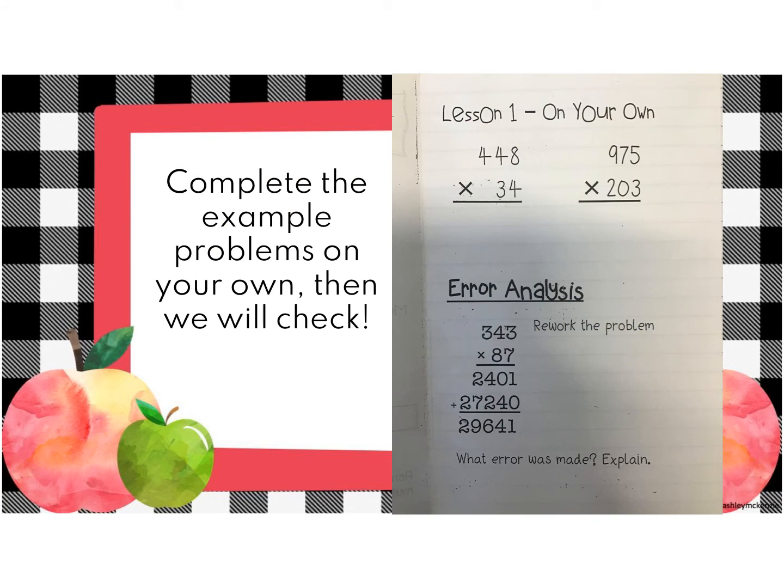Solve both of those problems, complete the error analysis, and compare with somebody at your table to make sure that you did it right. So maybe solve the first problem, compare with someone else that's done. Solve the next problem, compare, and then complete the error analysis and compare. We'll talk about these in just a few minutes. I'm going to give you about 5 minutes or so, maybe a little bit more if we need longer to get this page done, then we'll check over it together.